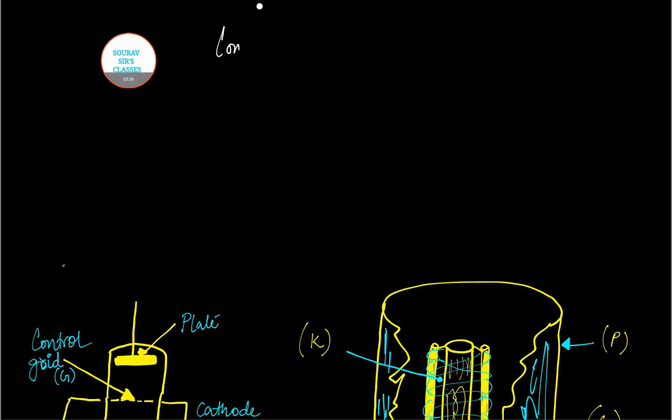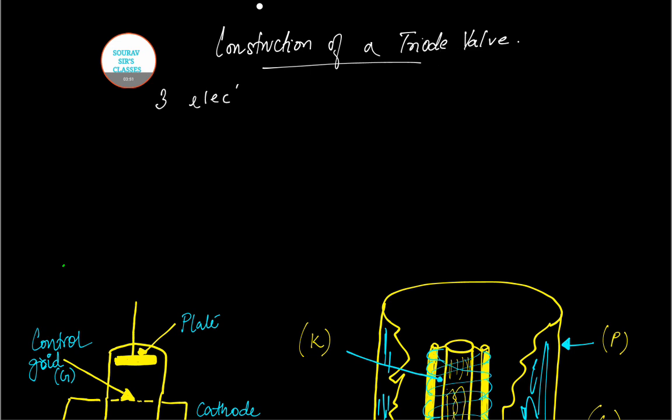So next we will talk about the construction of a triode valve. Now as the name suggests, a triode has 3 electrodes, which we have just said. They are namely cathode, grid, plate and control grid.